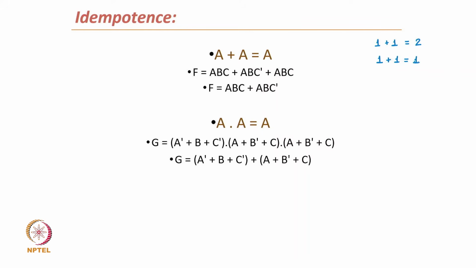So, this is different from our normal algebra. Though it looks different, if we think about electrical circuits, that we are implementing this algebra into an electrical circuit, then it makes sense.